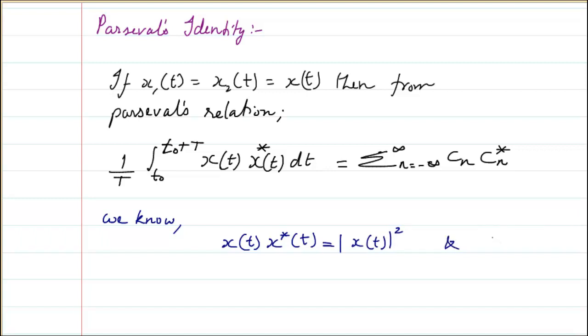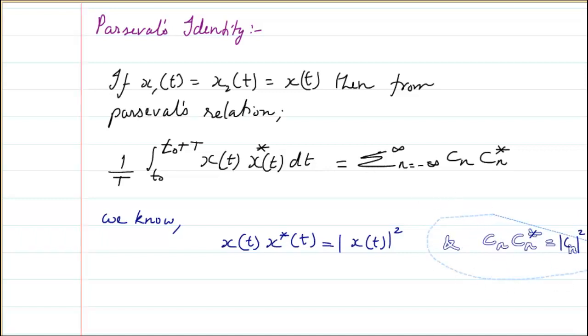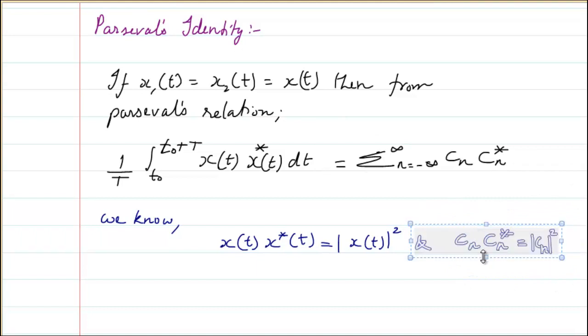Similarly, if you take a number Cn and multiply it with its conjugate, you will basically get the magnitude of Cn squared.